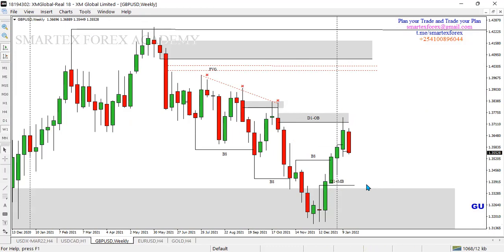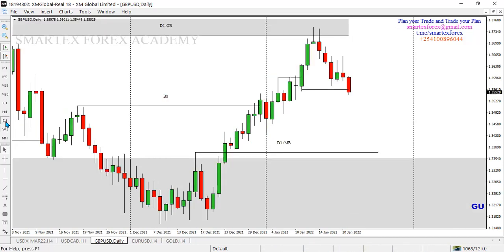But now, from other time frames, we are bullish. Only this time frame was bearish. That's why I'm emphasizing this array here and this one. This is a weekly bullish order block here, and this is our breaker here.